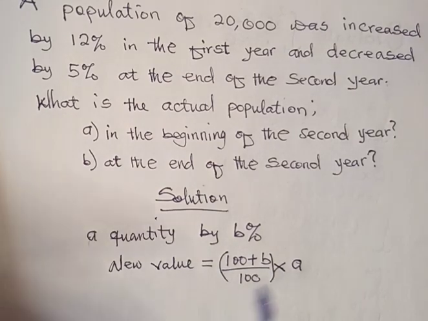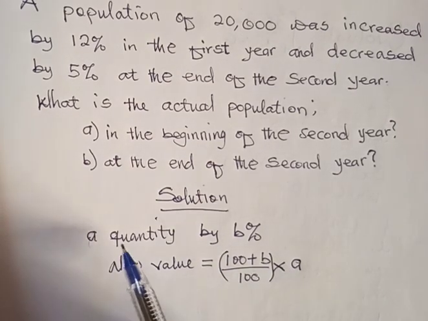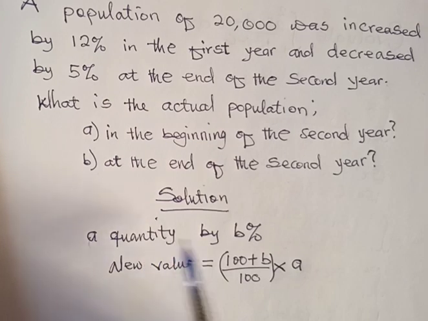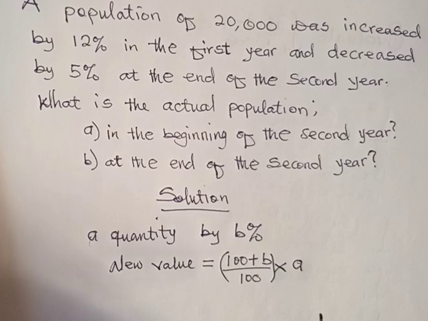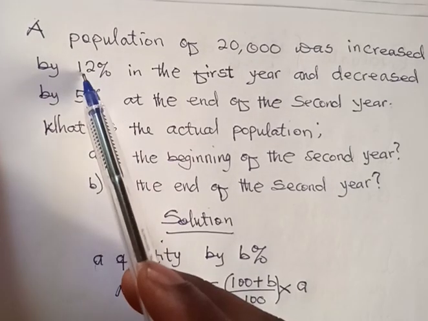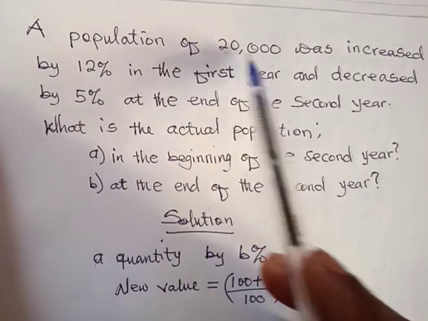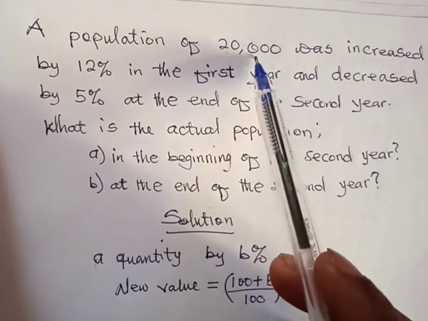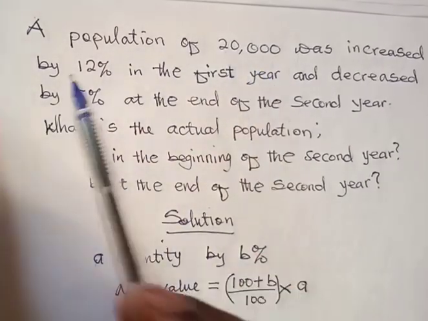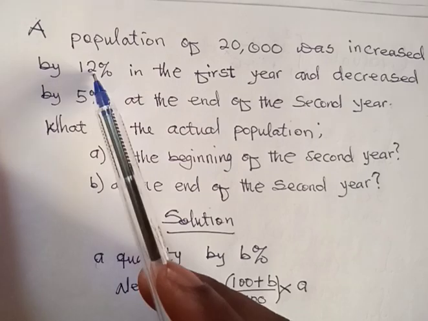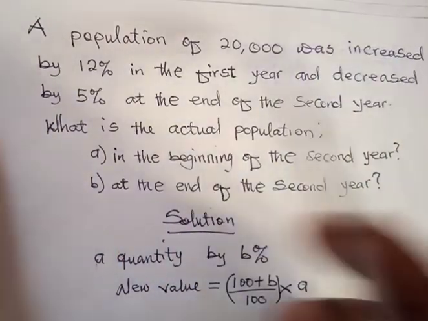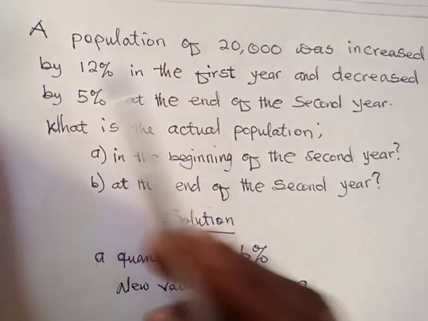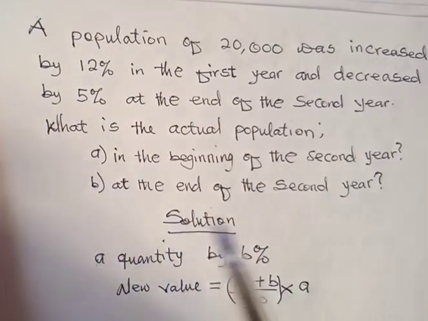Our a is the initial value and our b is the amount given in percentage. So let's look at this. In the question, we are given 20,000, so that is our initial population, and we are given 12%. Since we are dealing with increasing, and it was increased by 12%, the 12 becomes my b.